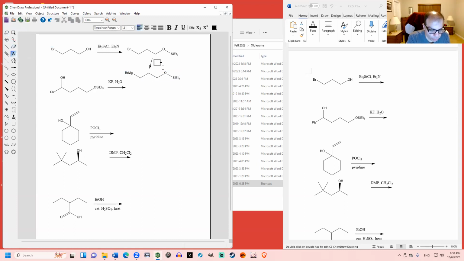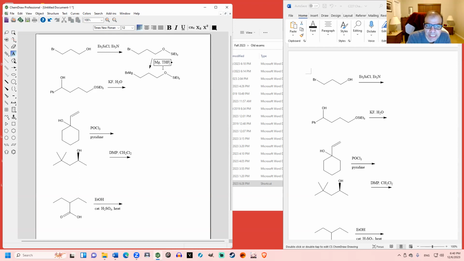So if you treated this with magnesium in either diethyl ether or THF, either of the two would be suitable solvents. You want an ether solvent for making a Grignard reagent. You certainly don't want anything protic. Anything protic will prevent you from getting the Grignard reagent.